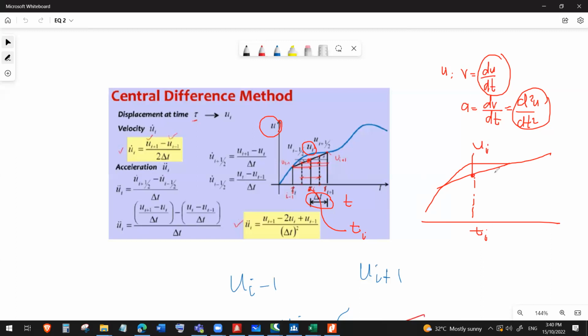And then on the next time step, we call this u sub i plus 1, corresponding to that is t sub i plus 1. While this one is u sub i minus 1, then corresponding to that is t sub i minus 1. Okay. So delta t is this one.